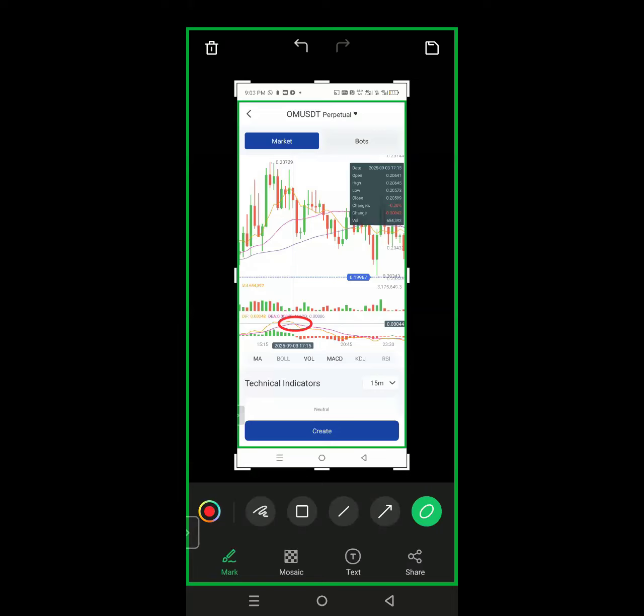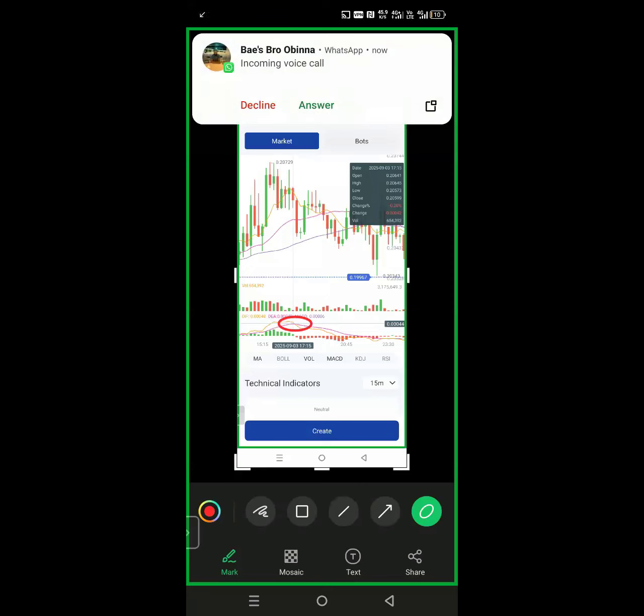Once the death cross happens, the robot will start the trade for you, and you can easily get your 1% and go and look for another coin. You understand? So I hope the person that asked the question, this is clear. So death cross should happen at the top position, while golden cross should happen at the bottom position.